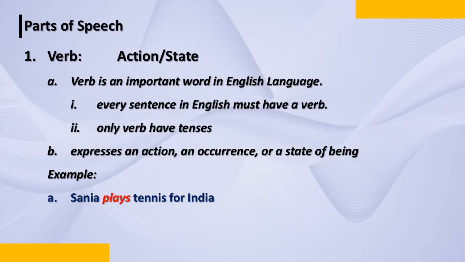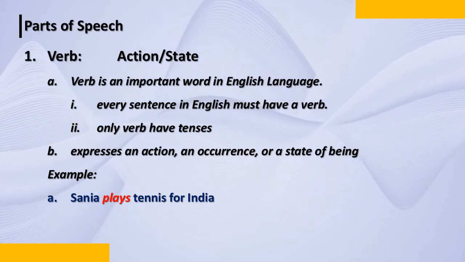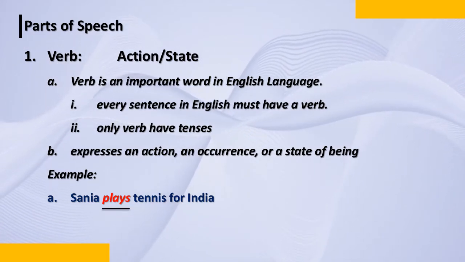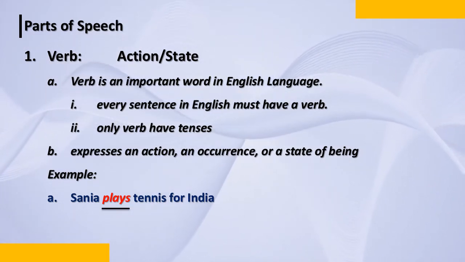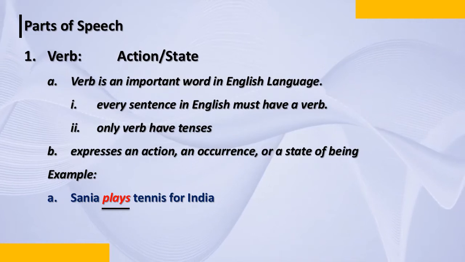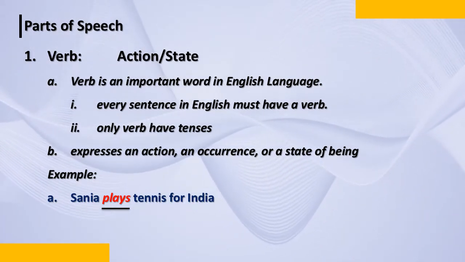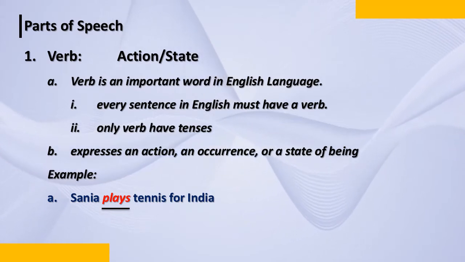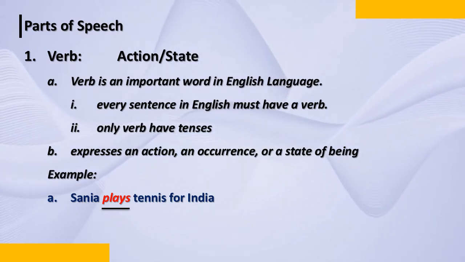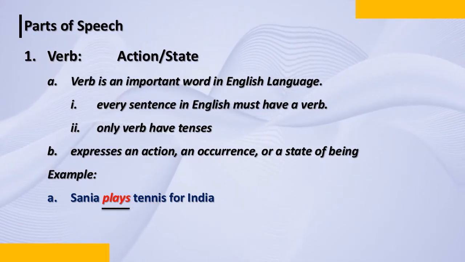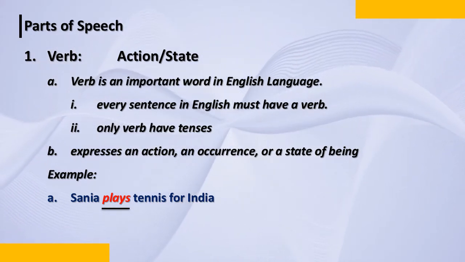The word here, the red word, is plays, because there is some action happening. A sports person, she is playing tennis for India. She represents India and she plays tennis at international tennis games. So in playing, there is some action happening.